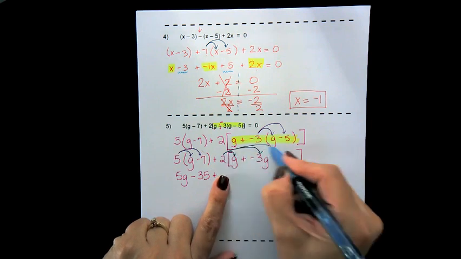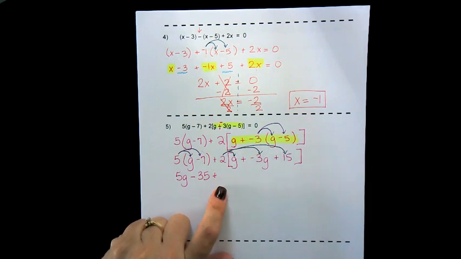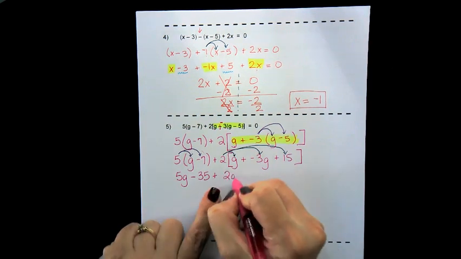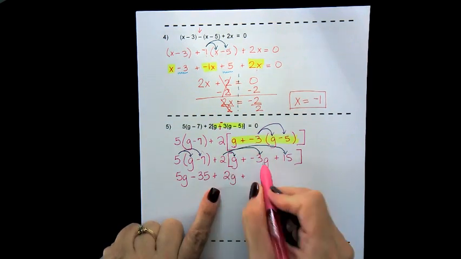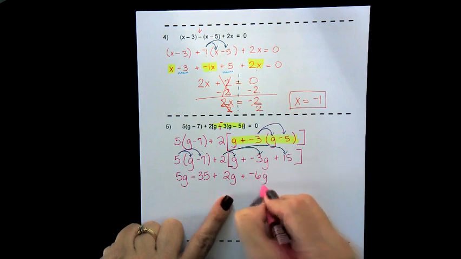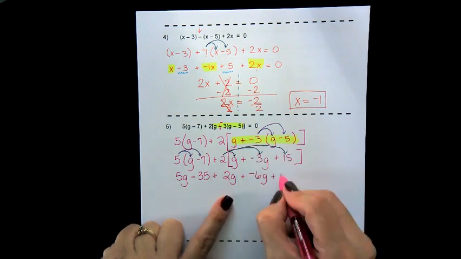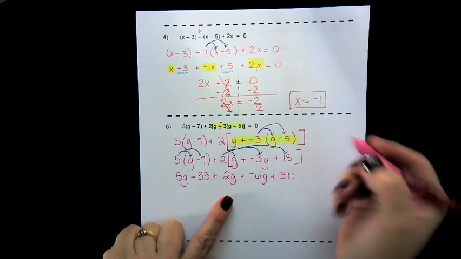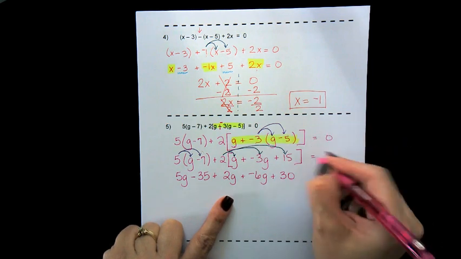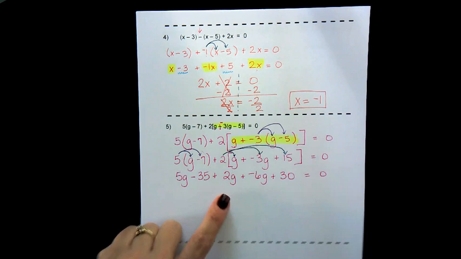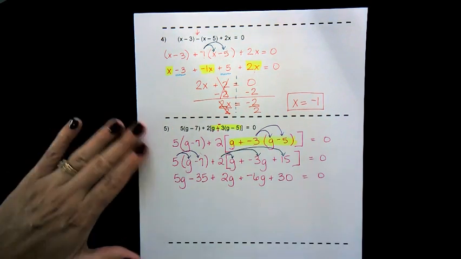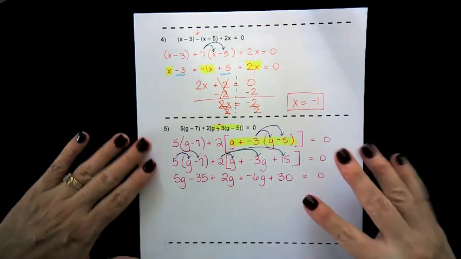Then I distribute the 2 to the 15. Let's see what that looks like. 2 times G is 2G. 2 times negative 3G, negative 6G. And 2 times 15, 30. And don't forget, we have this whole other side of the equation, right? Let's not forget it. So we've done all the distributing.